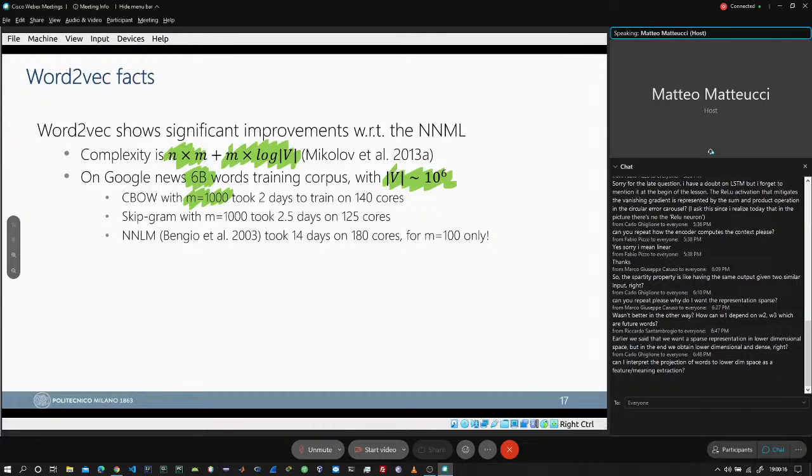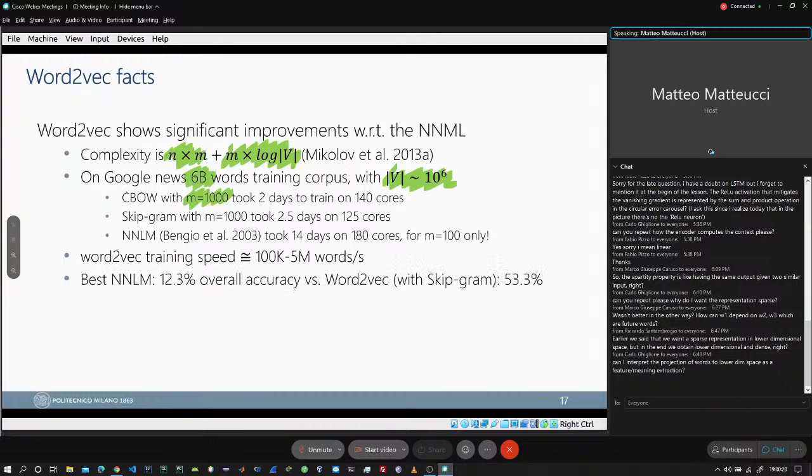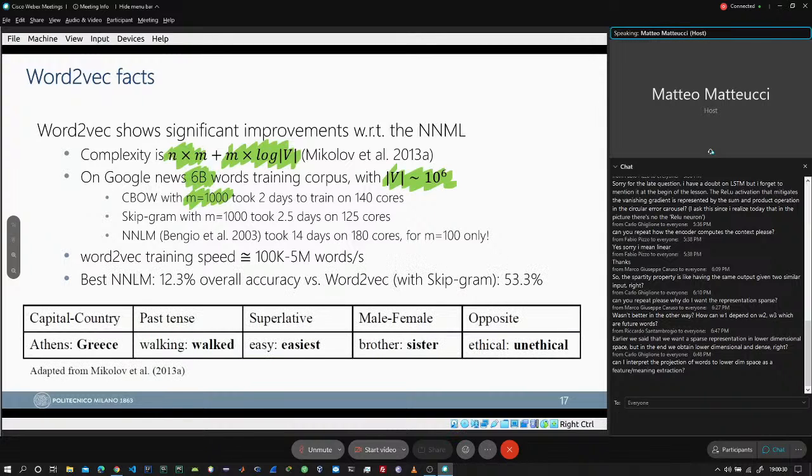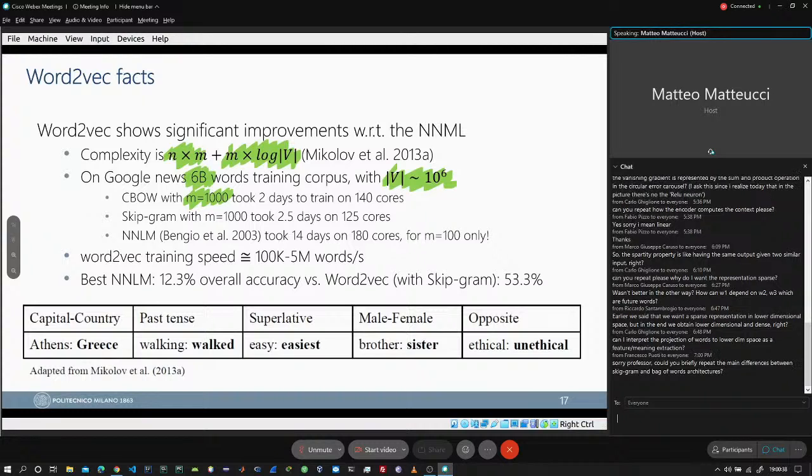Here I don't see how big the n was, but it was significantly bigger than the number of words used by Bengio. The nice thing is that in this space, distances of words are preserved.